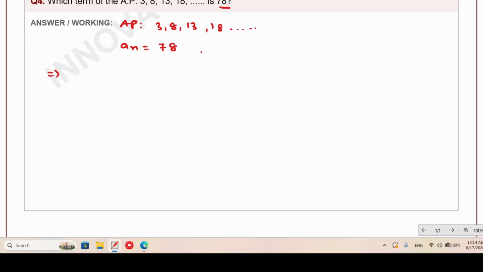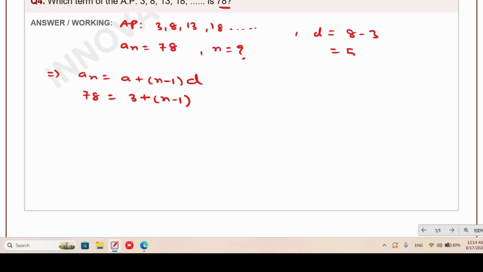Which term means you need to find the value of N. So AN is equal to A plus N minus 1 into D. So AN is 78 is equal to A is 3 plus N minus 1 into D. D is 8 minus 3, which is 5.